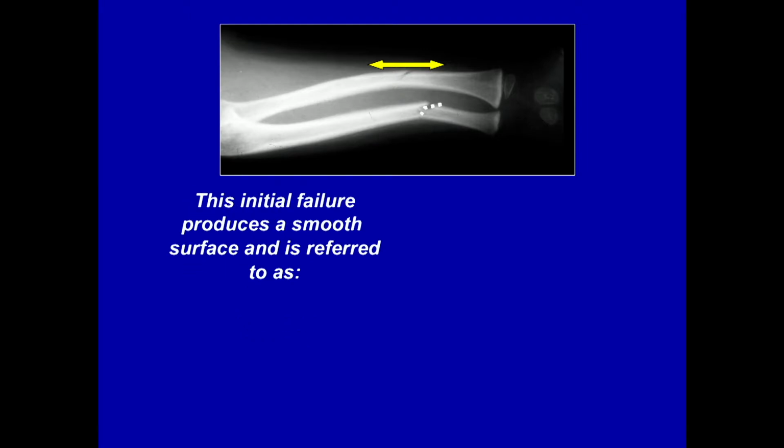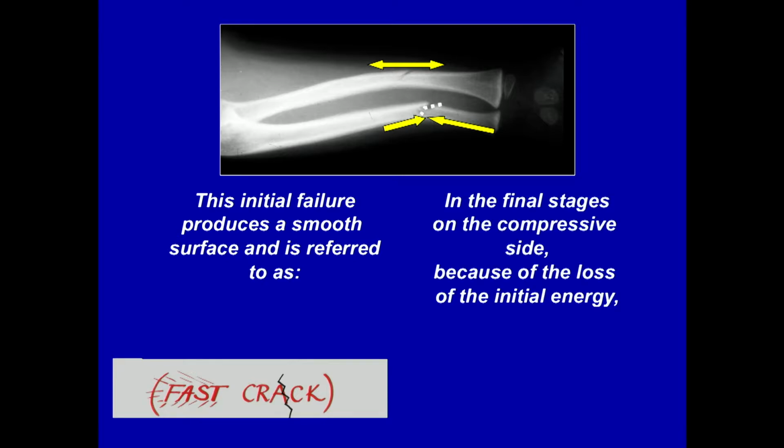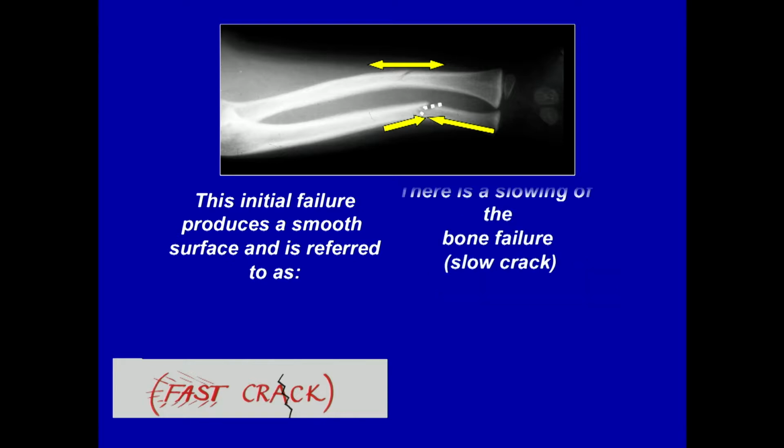So this first fracture surface is smooth, and it's what's called the fast crack. Now the other cortex, on the concave compressive side, is still intact because you've lost the energy from the elastic and plastic deformation, and that's the slowing of it.